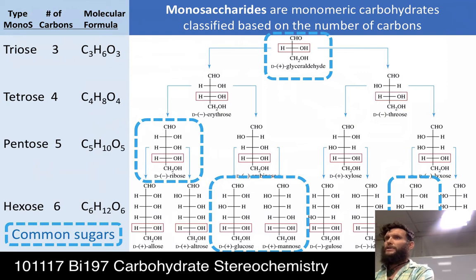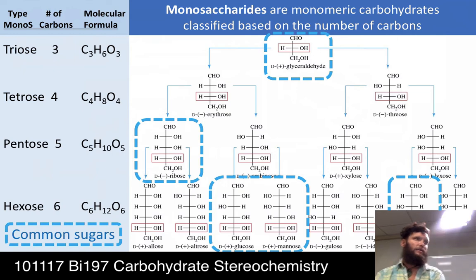The D stands for dextrorotary, and we're going to talk about what that means, but essentially that's a way for us to designate the spatial structure, what's called stereochemistry, the three-dimensional arrangement of the atoms about the carbon, and specifically the carbon that's in the red box. So we're going to define what stereochemistry means in a few slides here, but the D refers to the carbon that's surrounded in that red box.